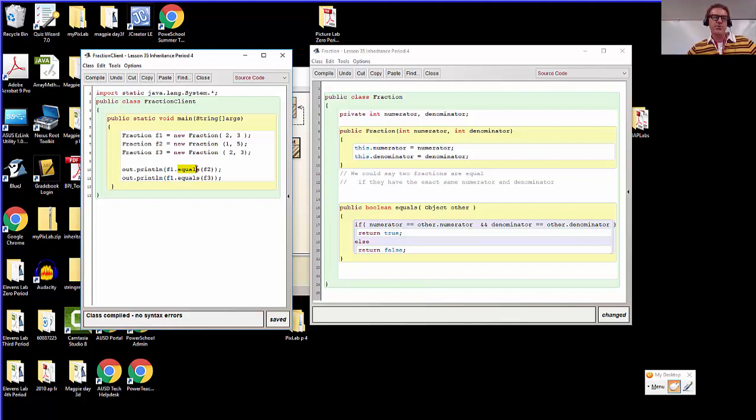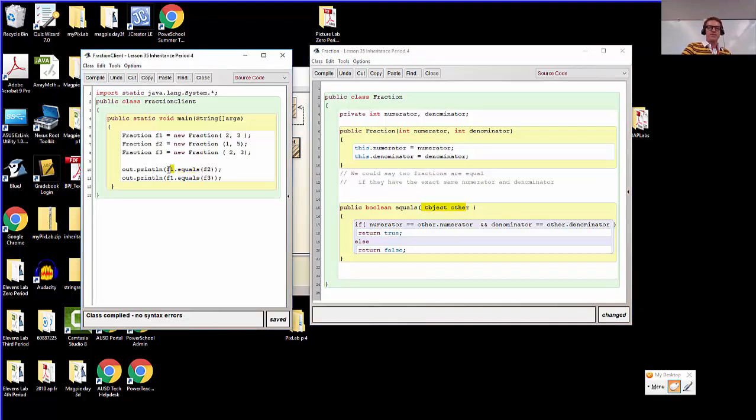Again, this is brand new code for all of us, so it's at least a little bit challenging. I've got f1 dot equals f2. So f2 is the argument, the parameter, right? That's what's getting stored inside Object other. Do you see it passed in there? In the parentheses is f2, fraction f2, and it's being passed to the method equals, and it becomes Object other.